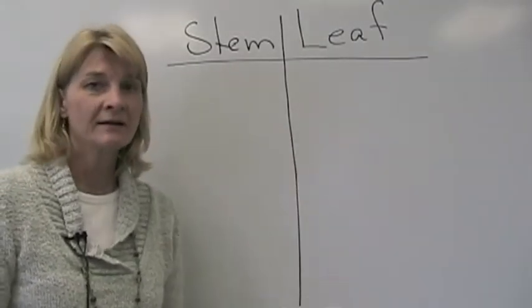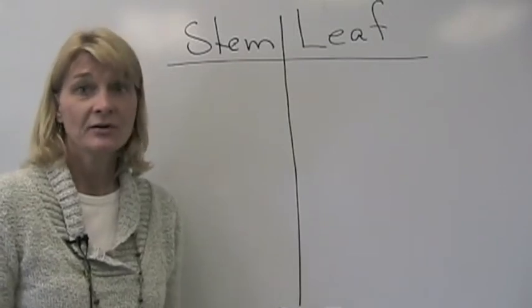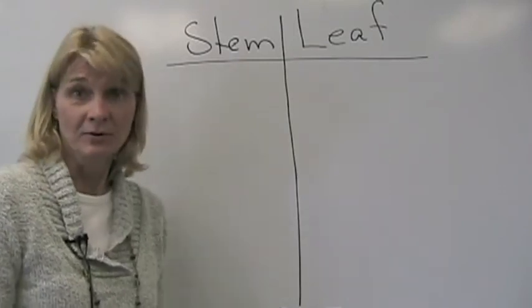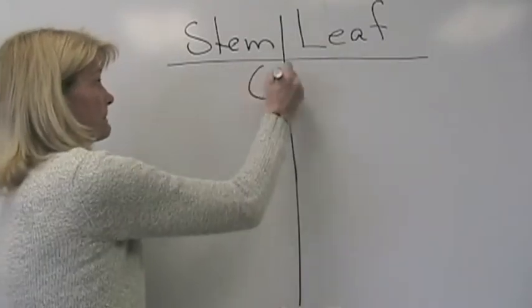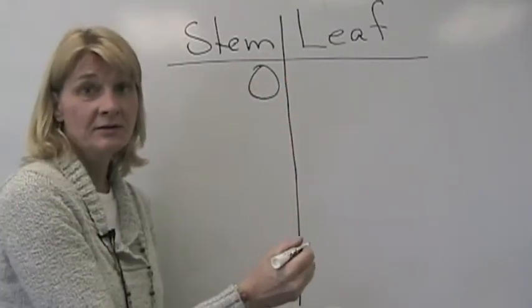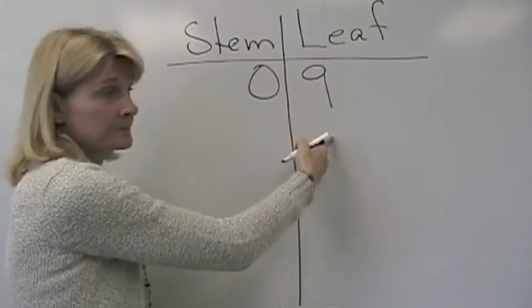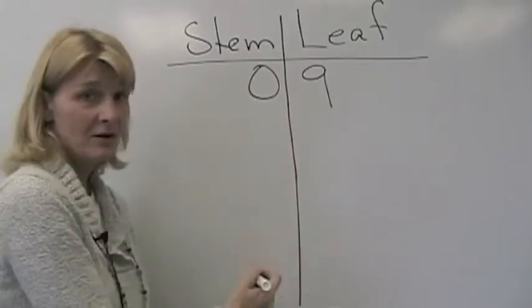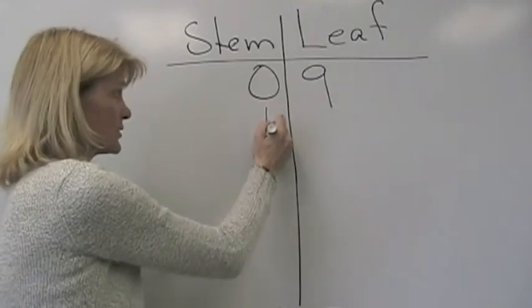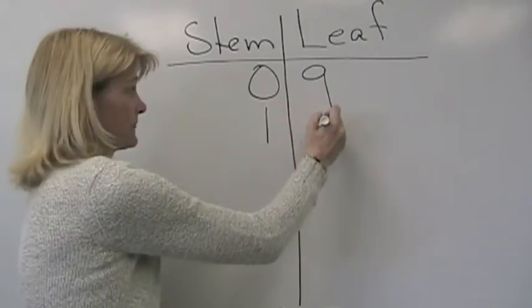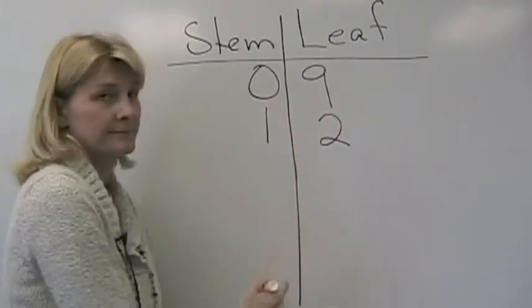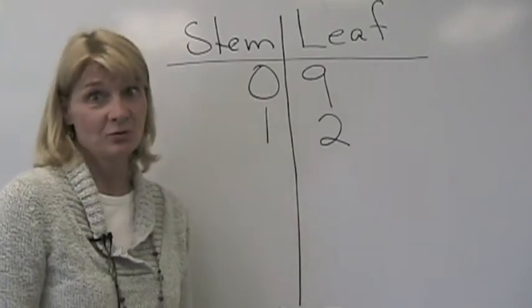So since 9 is my smallest number, there is nothing in the tens place, so I'm going to put a 0 there. And the 9 is in the ones place. So that represents 9. Then the next one I had was 12 ounces. 12 has a 1 in the tens place and a 2 in the ones place. I actually had 4 boxes that had 12 ounces in it.